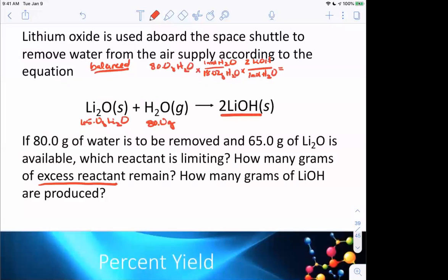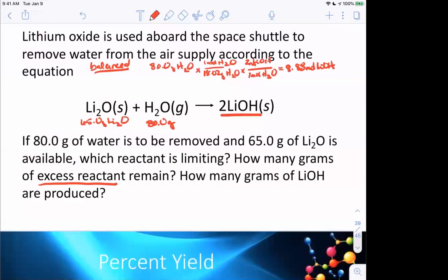So that'll tell me how much lithium hydroxide can be made if I have all 80 grams to be removed. So I'm going to do 80 times 2 divided by 18.02, and this is mole, so this gives me 8.88 moles of lithium hydroxide will be produced if all 80 grams of water are removed.